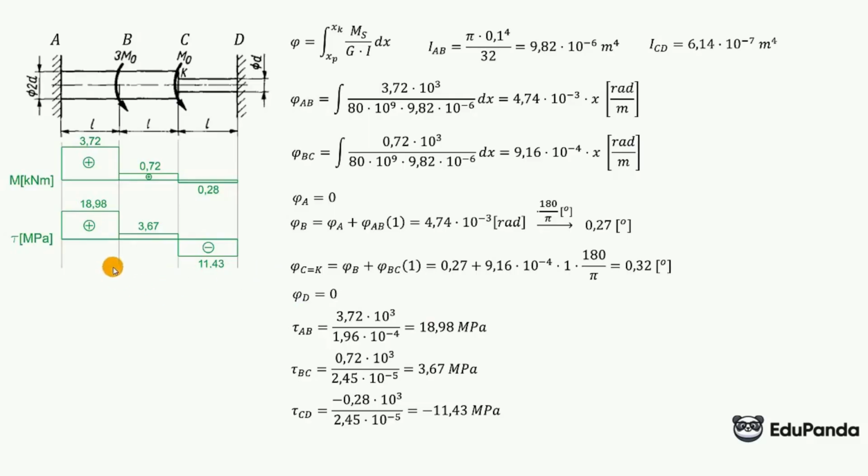So if here is a constant value, the twist angle is a linear function. That's why I knew here how from that twist angle at C to 0 linearly, there's no other possibility. So here we know it's 0. Here we know it's 0. Here we know it's 0.27. Here is 0.32. The graph is drawn. And that's about it for this example.